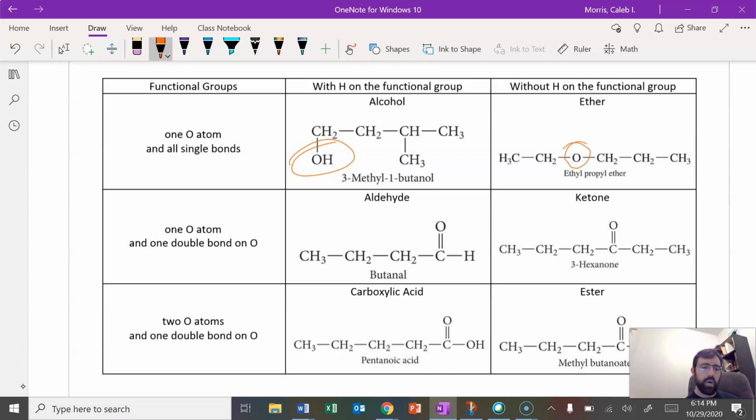If you've got one O atom and one double bond on oxygen, it's either going to be an aldehyde or a ketone. An aldehyde has hydrogen coming off of the carbon, and a ketone has a carbon group coming off of that carbon that the double bond is attached to.